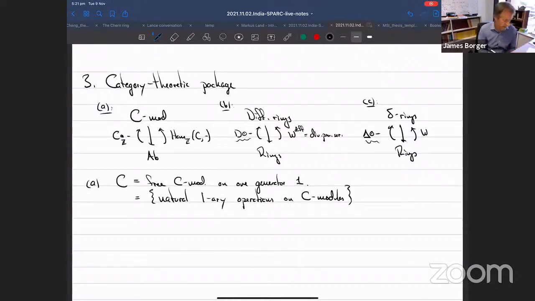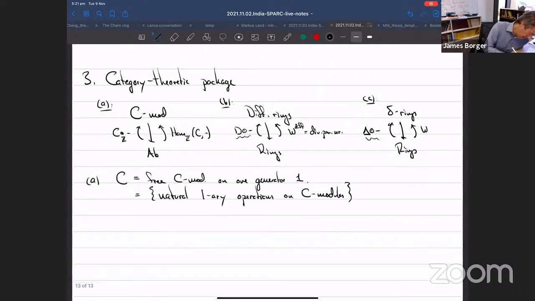More properly, it's the endomorphisms of the forgetful functor. So to each C module, you have a natural endomorphism of it, which is just multiplication by an element, little c of big C. And then you prove, not so hard, that the set of such natural endomorphisms of the forgetful functor, the natural one-ary operations on C modules, is exactly the original ring C. So you can recover that from the category theoretic setup.